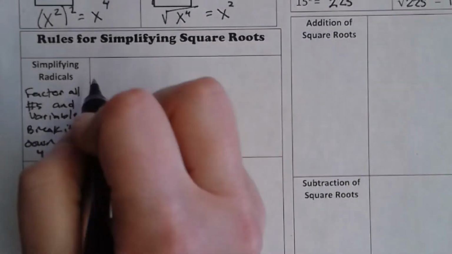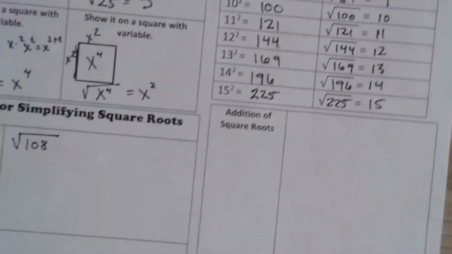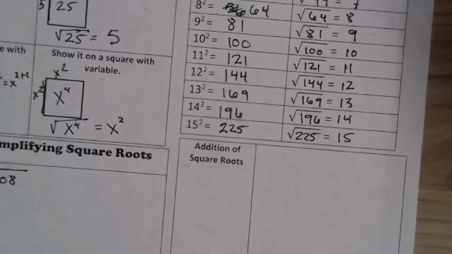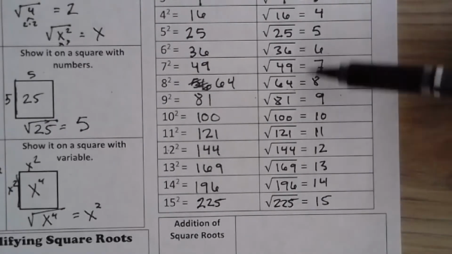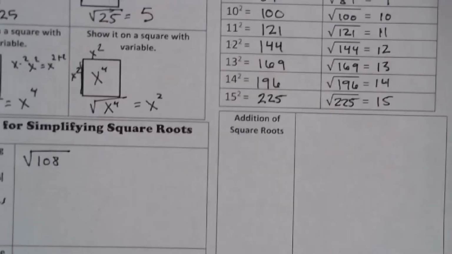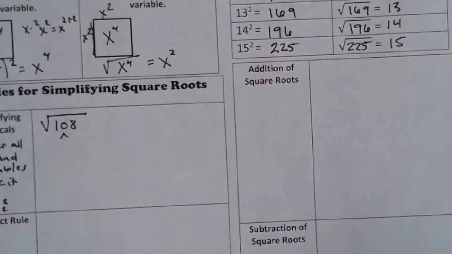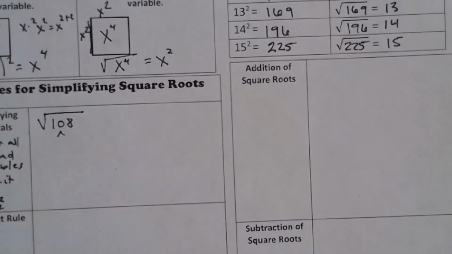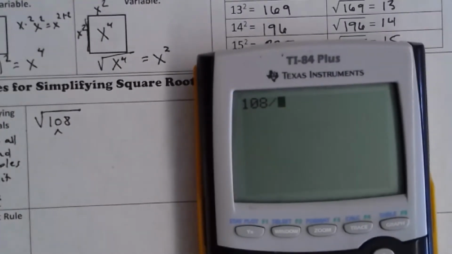So if I had the square root of 108, well, first thing I'm going to do, 108 is not in my list of squared numbers. So these are perfect squares right here. 108 is not there. So I'm going to break 108 down. I want to know what multiplies to 108. I don't know that off the top of my head, so I'm going to grab my calculator. Let's say 108 divided by 2.